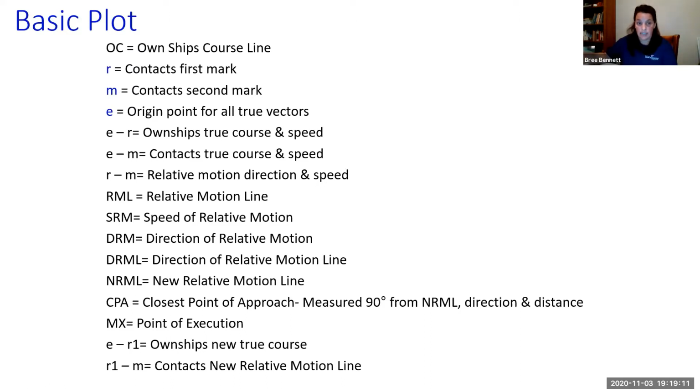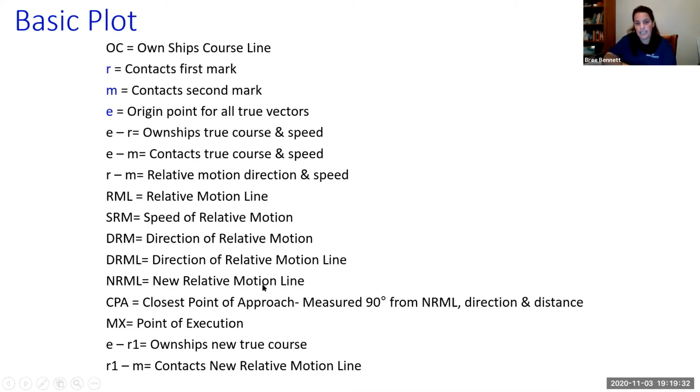So each line, our R to M is going to have a direction and a speed. Now, down here it says direction of relative motion line, those are the same. Our new relative motion line.